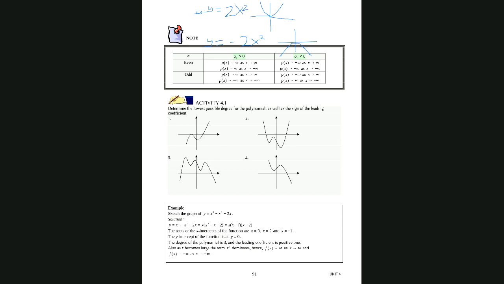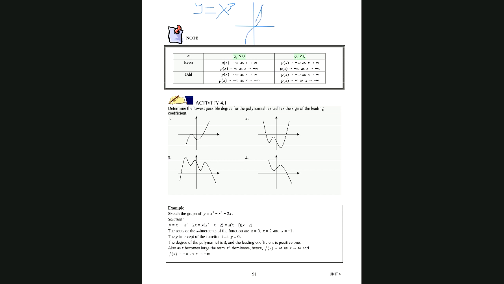when it is odd. Let us say I have y equals x cubed. My graph will look like this.